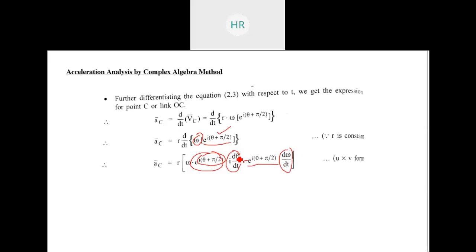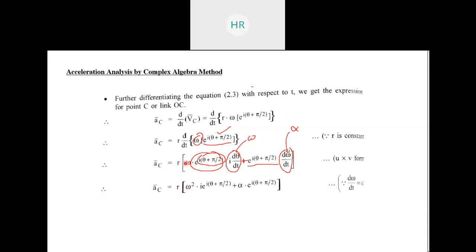Okay, now from this equation we know that change in angular velocity with respect to time is actually angular acceleration, and we also know that change in angle with respect to time is angular velocity. So if we substitute these values, we get omega r into omega square.